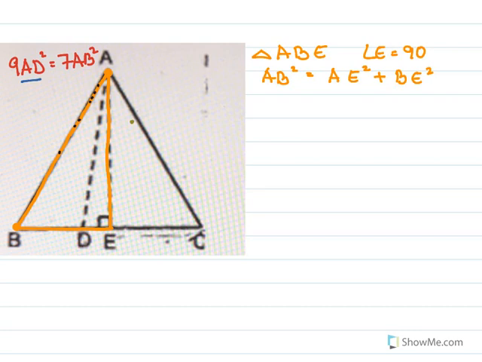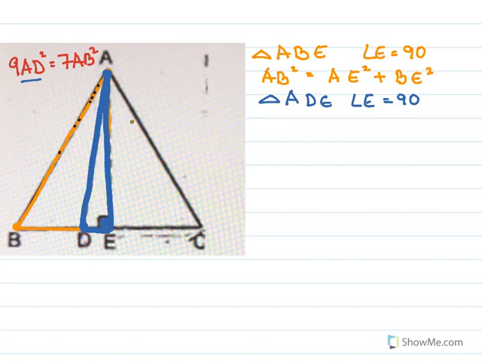Now next I need AD square too. So how do I get AD square? This is A and this is D. So if I want AD square, I got to take up the triangle ADE. Let me draw it again. Yeah, this triangle. So in triangle ADE, the blue triangle, we have E equal to 90.